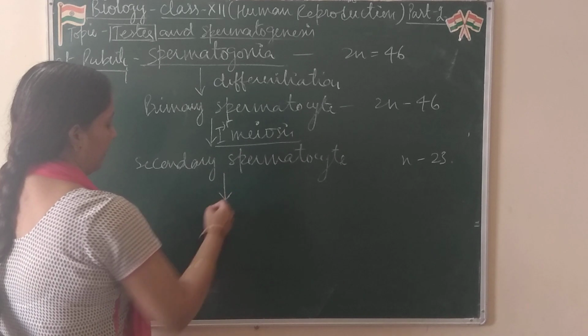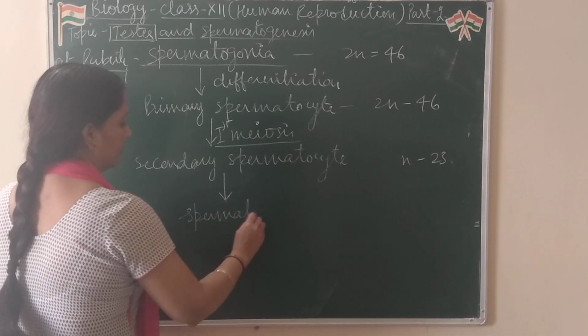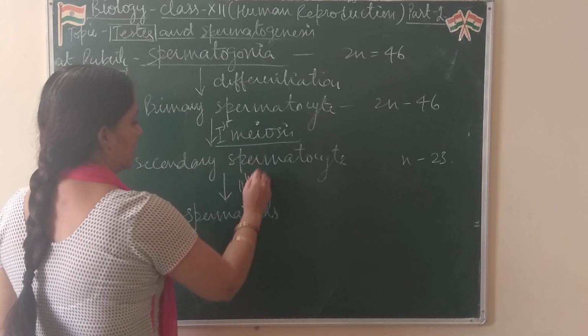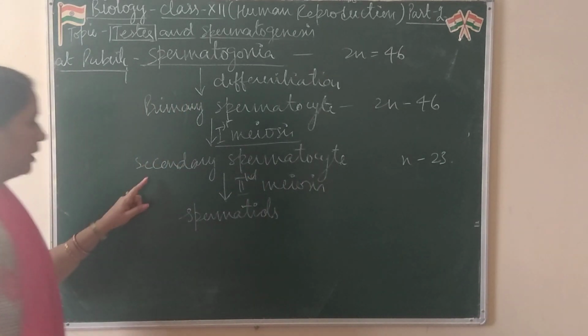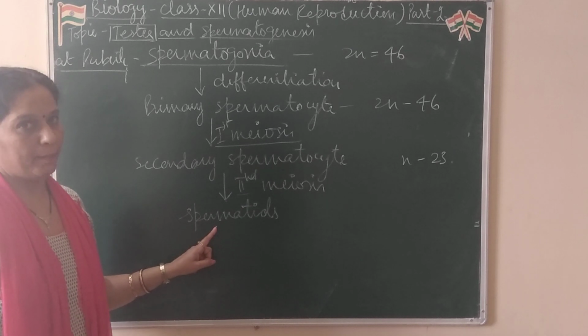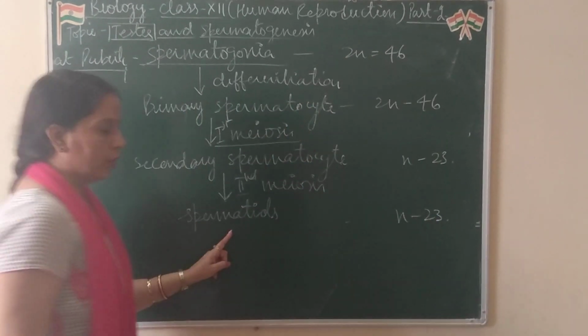Now the secondary spermatocyte undergoes the second meiotic division and forms spermatids. Spermatids also contain 23 chromosomes.